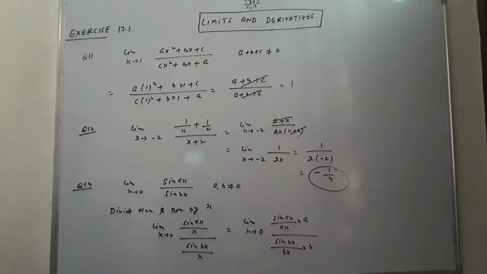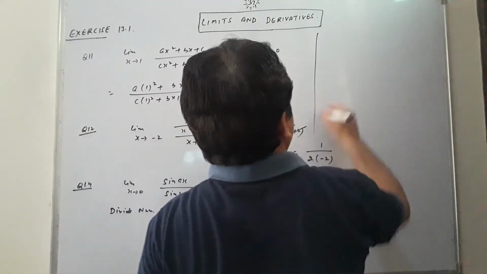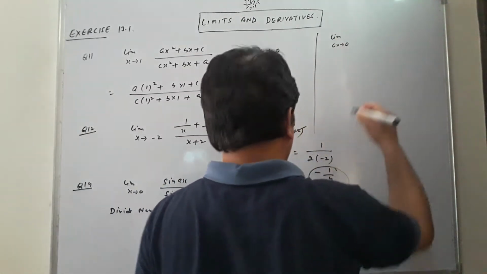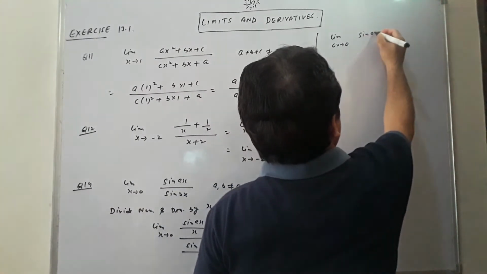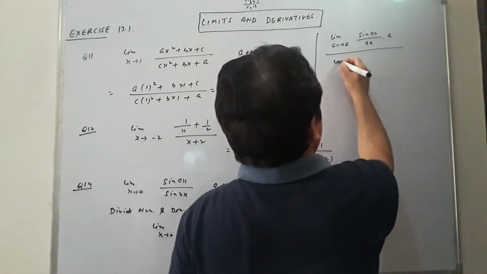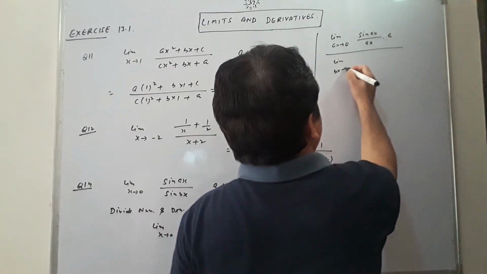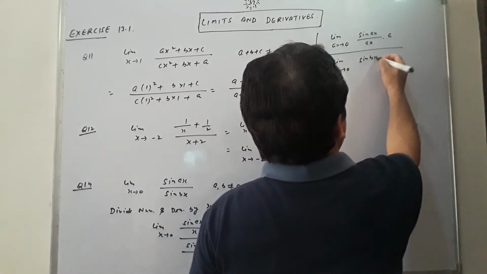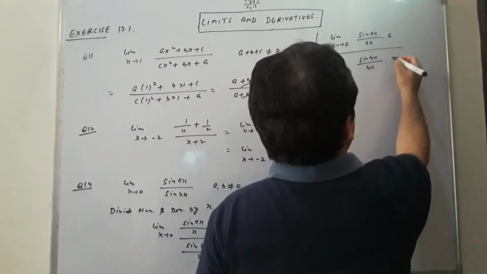Now students, we know that we can separate their limits also. By separating their limits, we can write it as limit ax tends to 0 of sine ax by ax into a, upon limit bx tends to 0 of sine bx by bx into b.